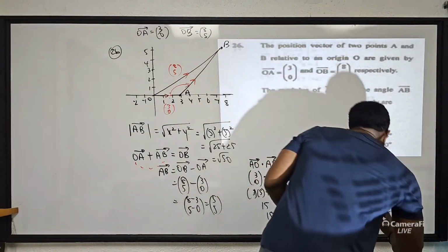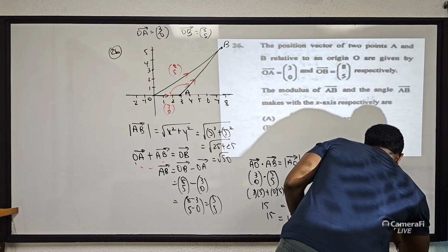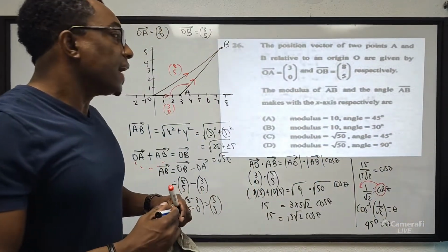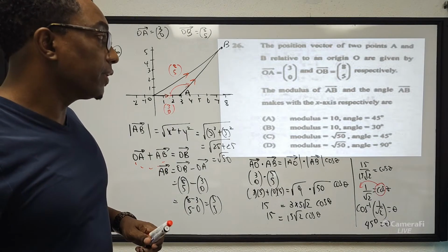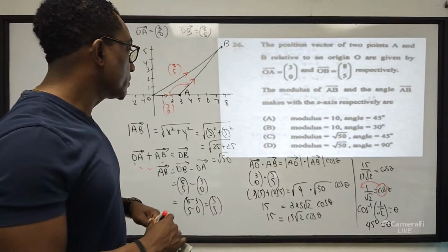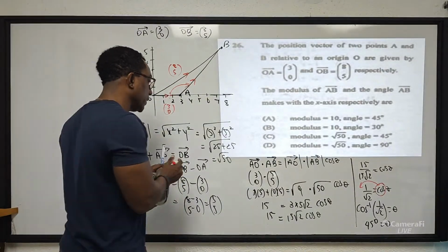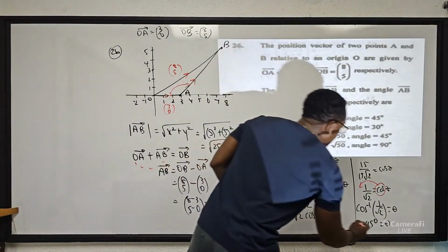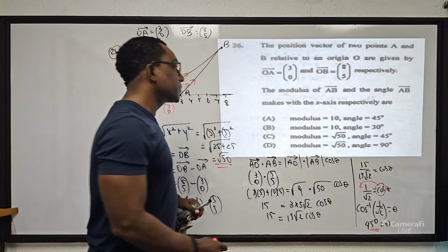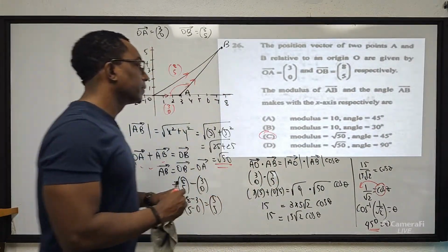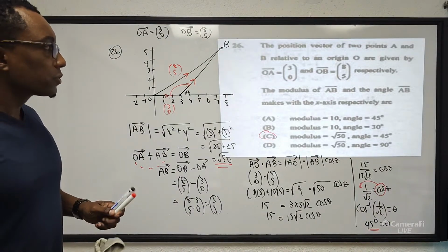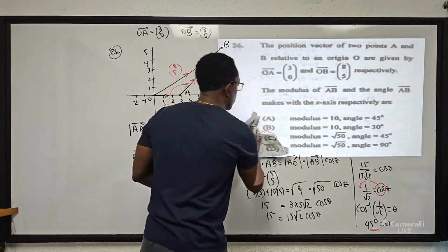So the angle will be 45, so even though that doesn't look like 45, but 45 degrees, and the modulus is the square root of 50. So this is the modulus here, and this is the angle. Whose answer is for question 26C. Alright? So let's move on to 27.